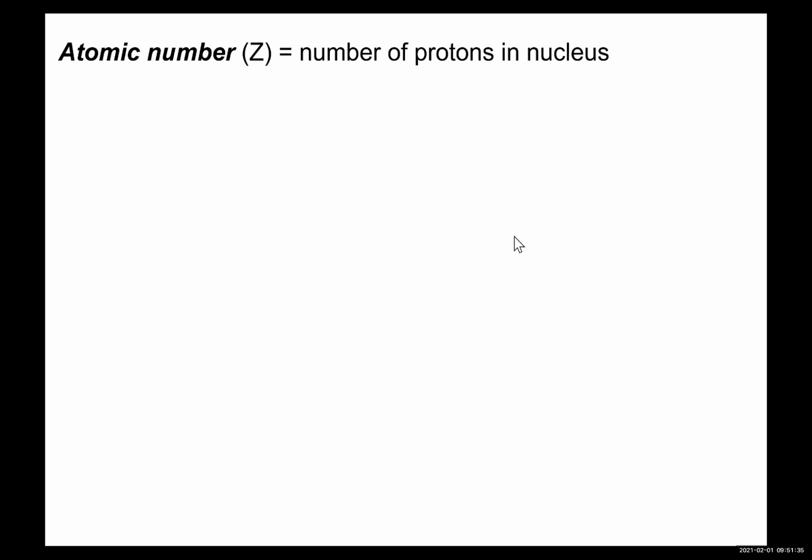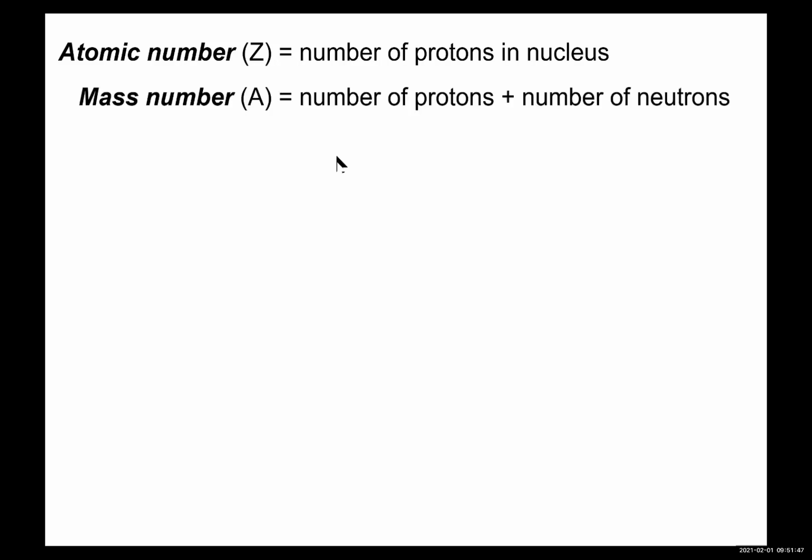So if I give you Z, Z means the number of protons, and you can calculate the number of electrons. Another definition, mass number, is the total number of electrons and protons.